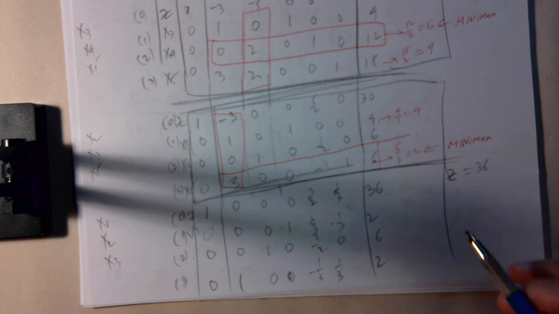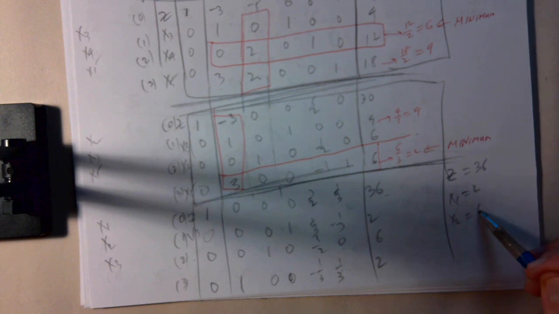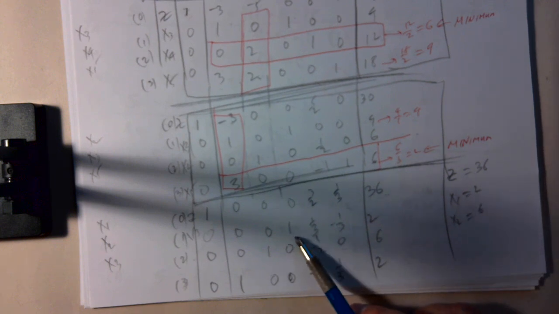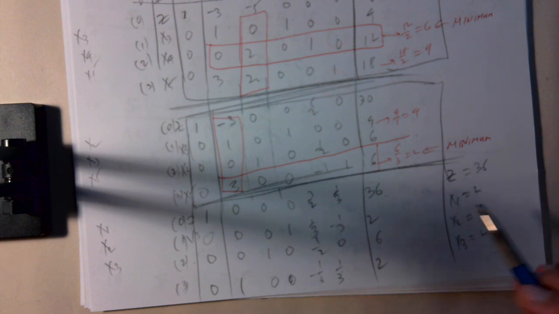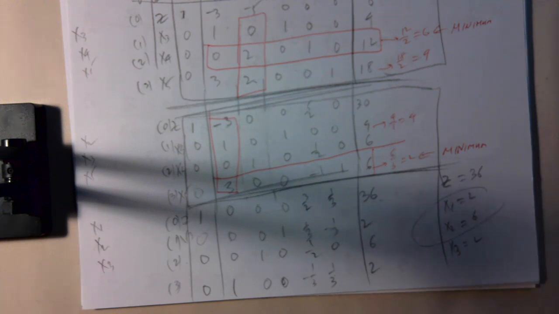So in the last step, our basic variables will be x1, x2, x3. x4 and x5 are 0. And we have the values x1 equals 2, x2 equals 6. Sorry, x3 equals 2, x2 equals 6, and x1 equals 2. And when x1 is 2 and x2 is 6, we get the optimal solution.